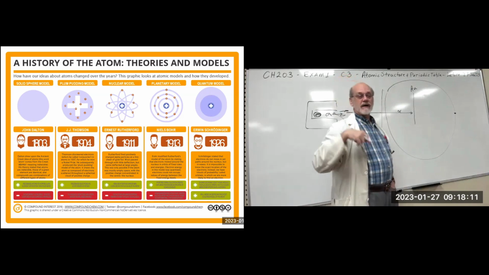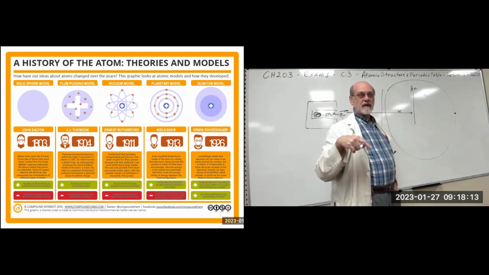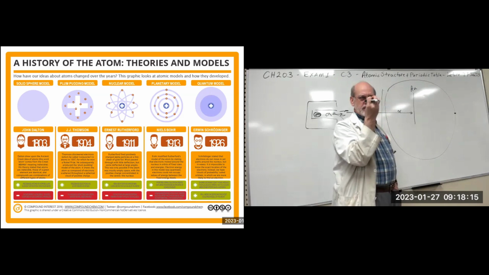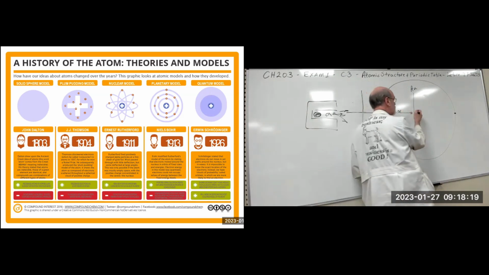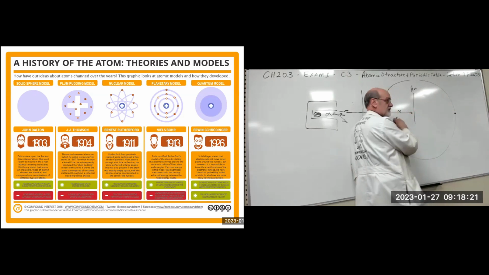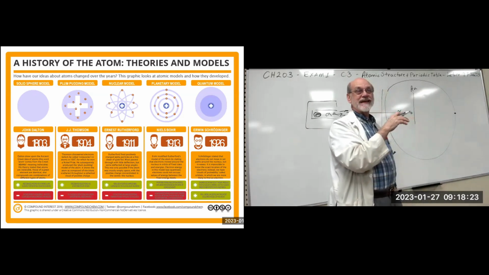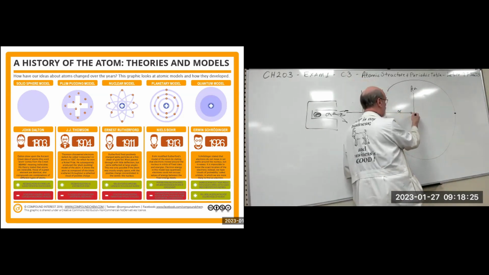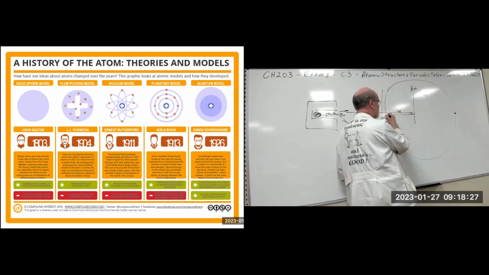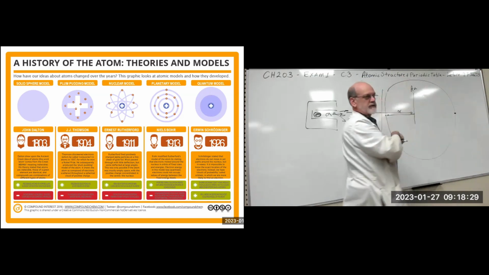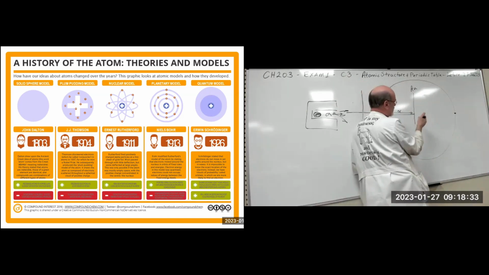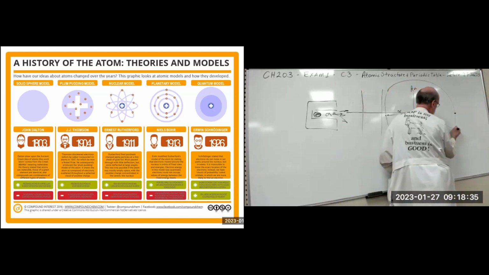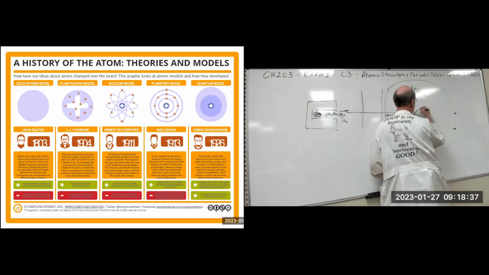But if my model, the nuclear atom, is true, then most of the mass of the atom is in a nucleus. And whenever these particles strike the nucleus, several things could happen. If they hit head on, the alpha particles will come straight back, and you'll detect them over here. That big circle is multiple detectors. If it hits a glancing blow, then you'll have some end up over here or over here.